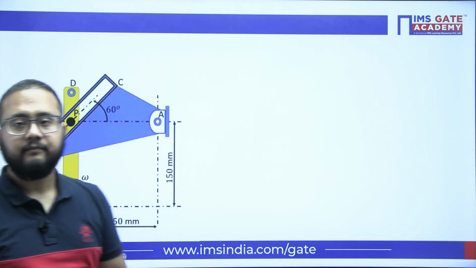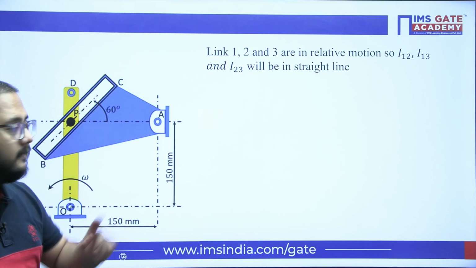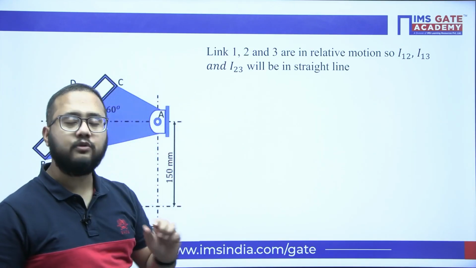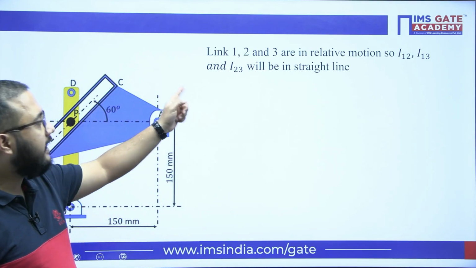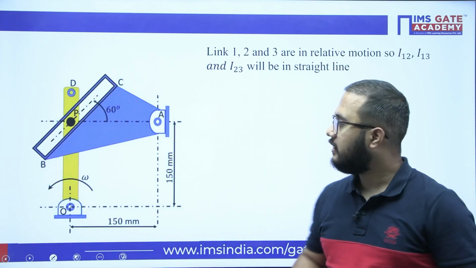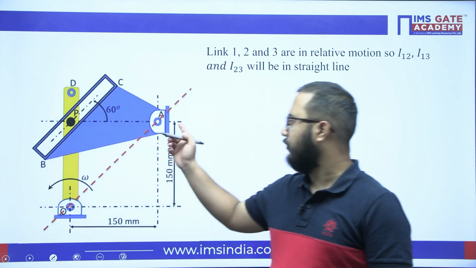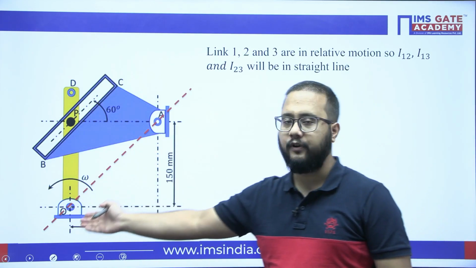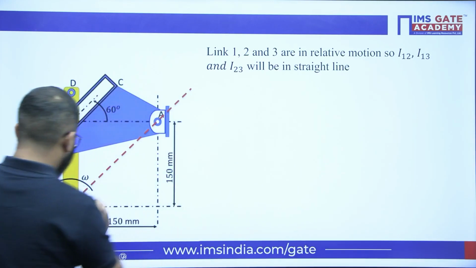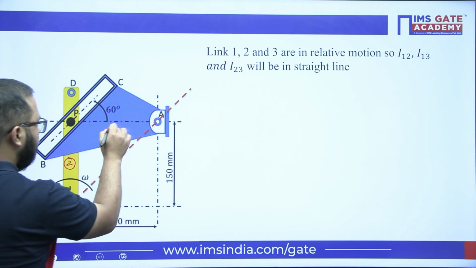Let's see how we will define the location of the I centers. Links 1, 2, 3 are in relative motion, so I12, I13 and I23 will be in a straight line. This is one of the I centers and this is another, because these are the hinge points. This is link number 1, this is link number 2, and this is link number 3.